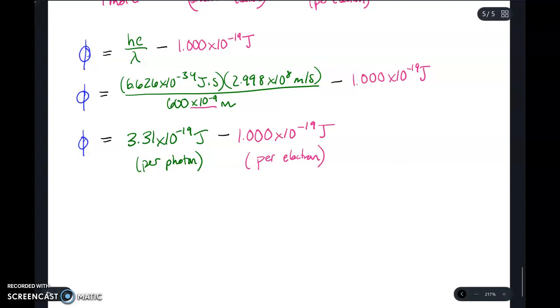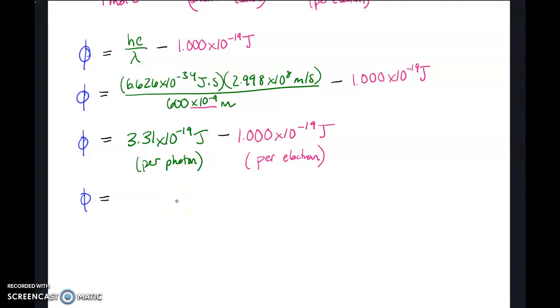And so if I go ahead and solve that out, 3.31 times 10 to the negative 19th, note that that is a larger value, which is important here because in order for an electron to be ejected with some amount left over, we need to have a pretty big energy for the photons coming in. So notice that this value is much greater than the amount that's left over, as it should be, right? Because this amount per electron is actually coming out of this total energy that we're starting with in the problem.